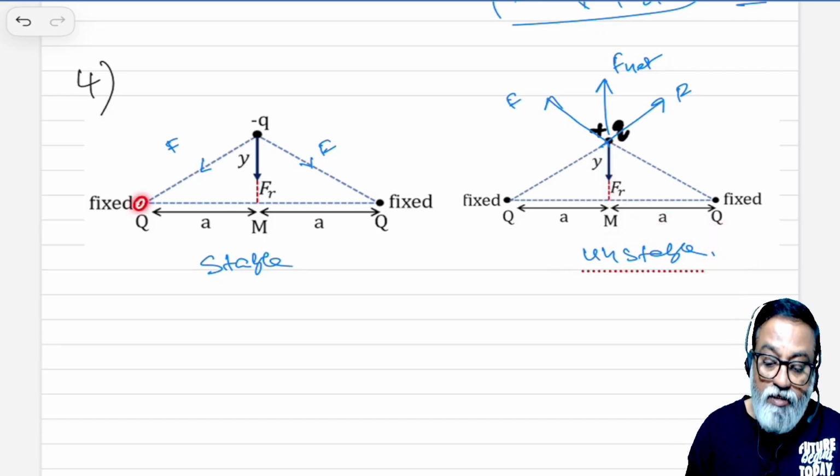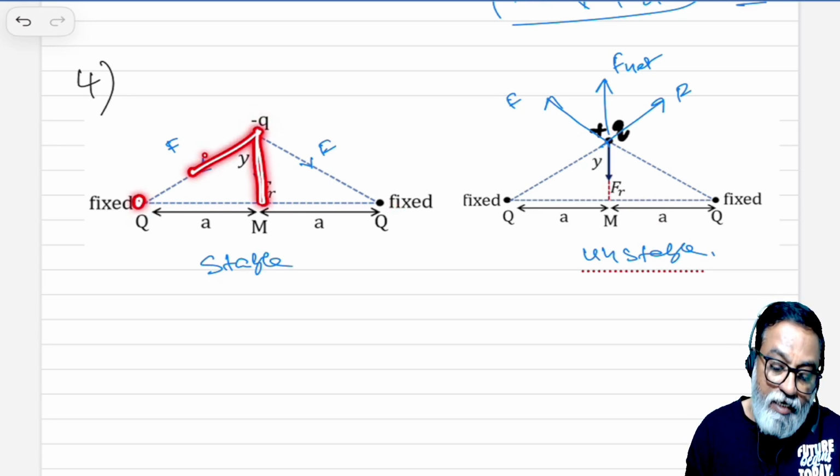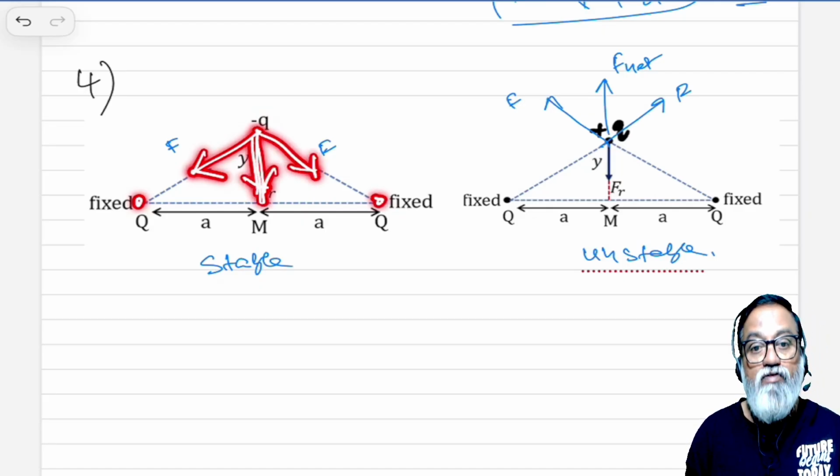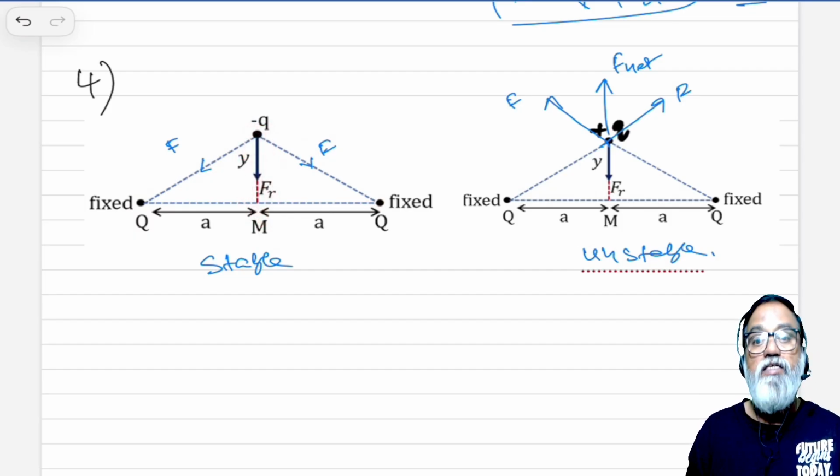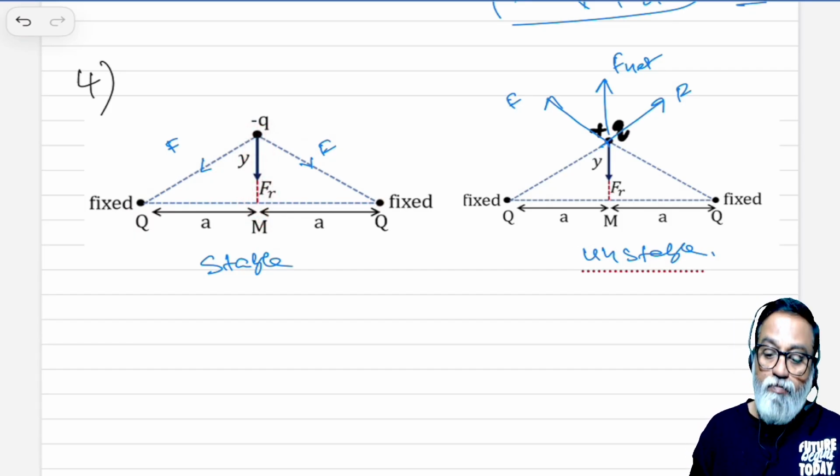See here, this middle charge is negative. When you displace it perpendicular to this line, this positive charge attracts it, and this positive charge also attracts it. Therefore, the net force is in the downward direction. Means the charge is displaced upwards, and the net force is downwards. Therefore, it comes back to its original position.